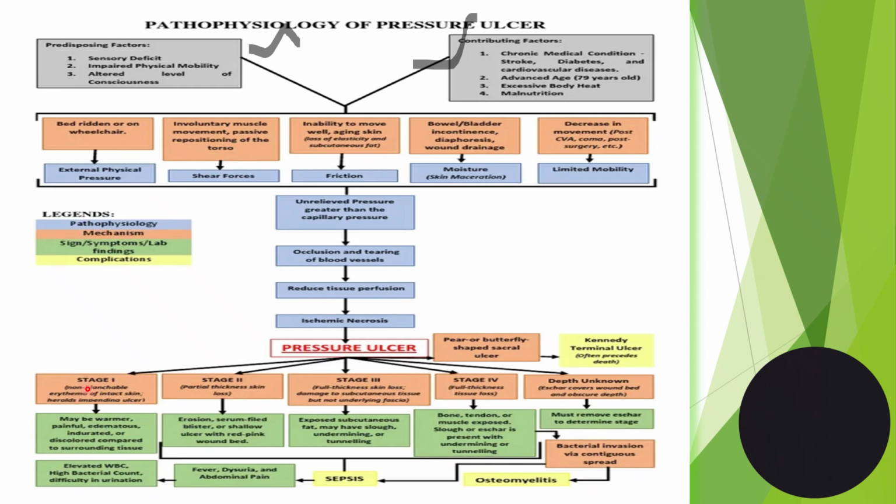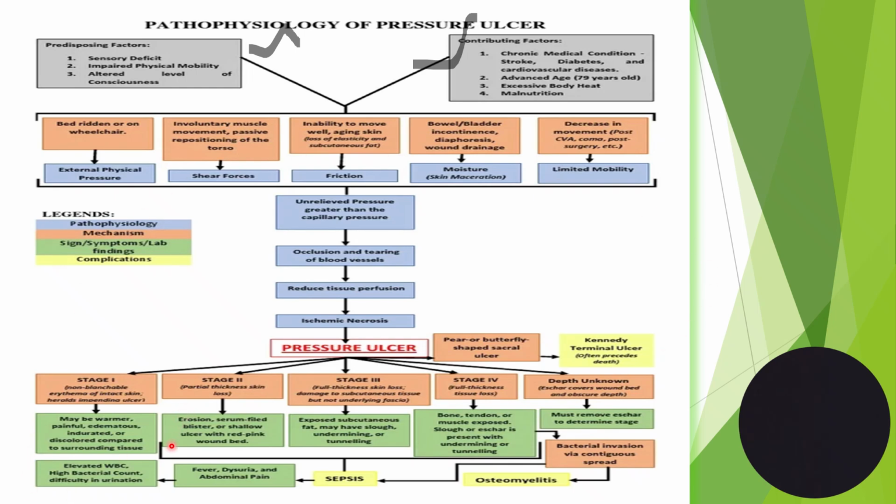So from this to the pressure ulcer, here you can see, when you come to the pressure ulcer, we have these stages. Here in the stages, you can see there will be a blanchable stage 1, stage 2, stage 3, stage 4, and depth unknown. Otherwise we call it a pear or butterfly shaped ulcer, and also Kennedy terminal ulcer.